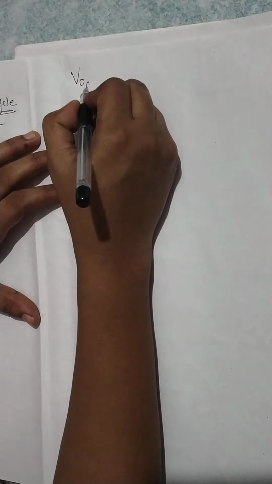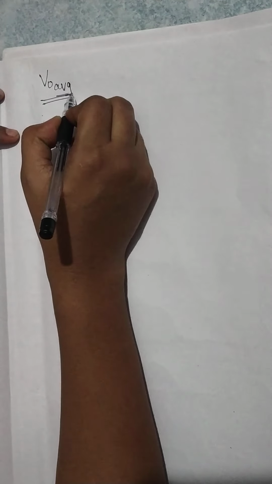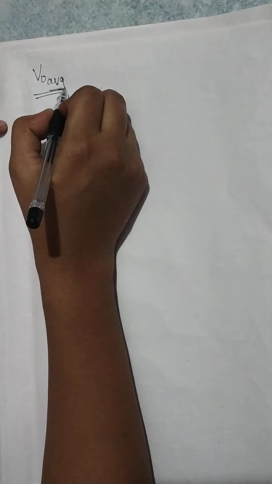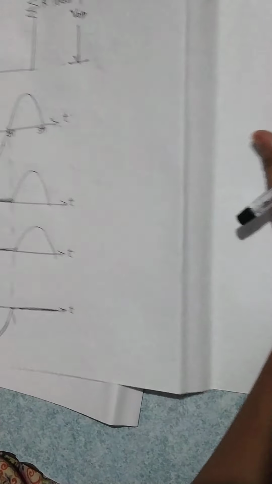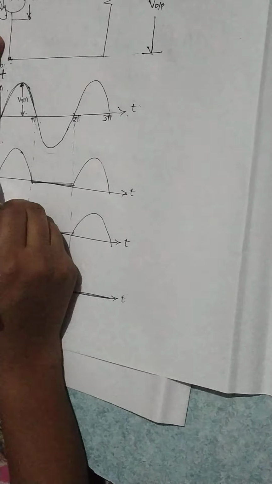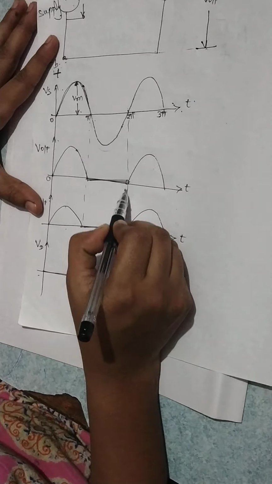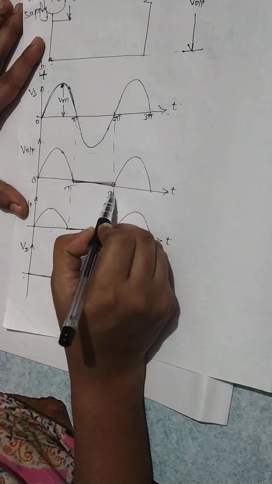Now we will derive the equation for RMS value and average value. First of all, VO average, the average or mean value of output voltage. Right? For finding the mean value, this is 0, this is 2 pi.